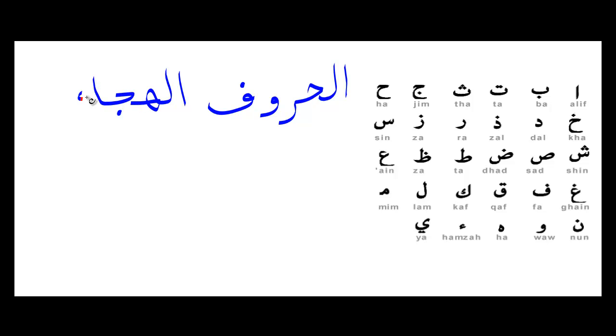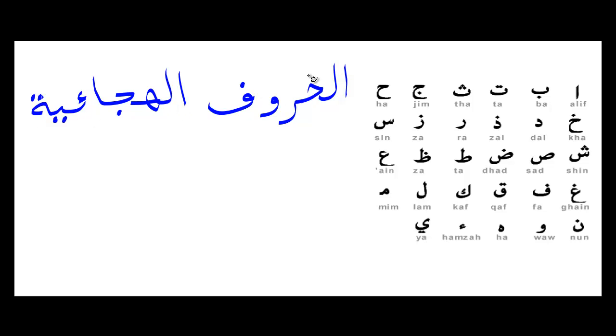So just to review quickly, the alphabet in Arabic is called al-huruf al-hijaiyah. And al-hijaiyah just means red. So these are the letters that are red.